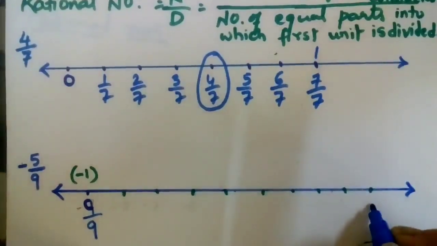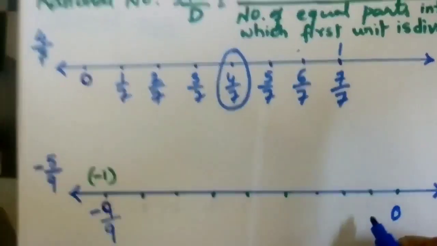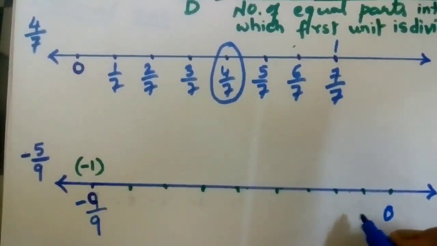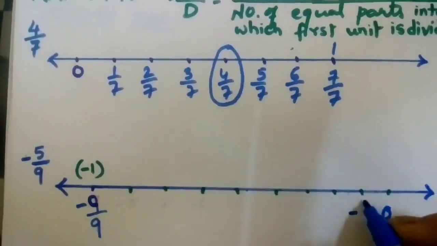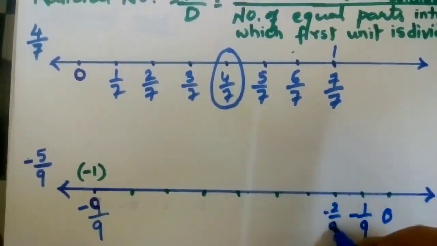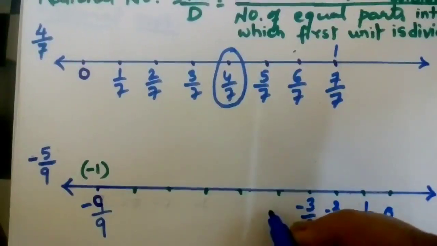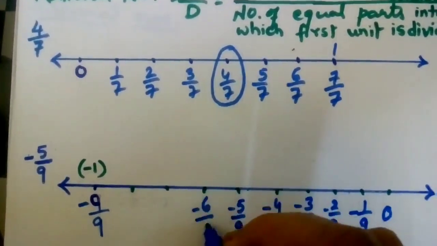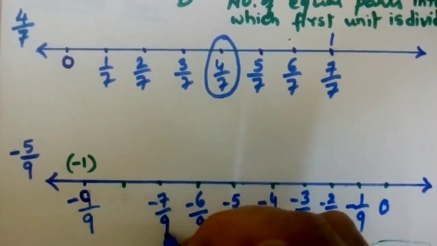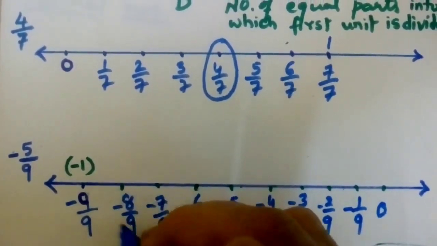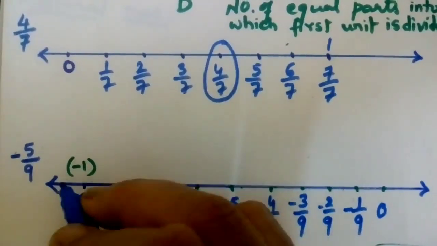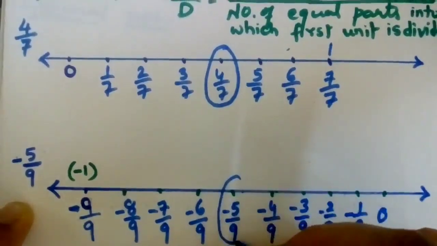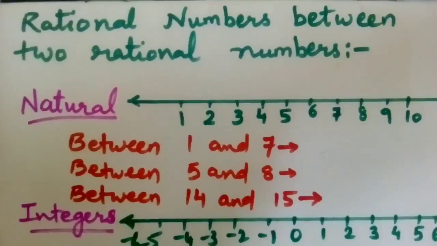Starting from 0, we will go to the left side and show the numbers minus 1 upon 9, minus 2 upon 9, minus 3 upon 9, minus 4 upon 9, minus 5 upon 9, minus 6 upon 9, minus 7 upon 9, minus 8 upon 9 and minus 9 upon 9. Now the rational number which we are representing is minus 5 upon 9, so it is represented here as minus 5 upon 9.